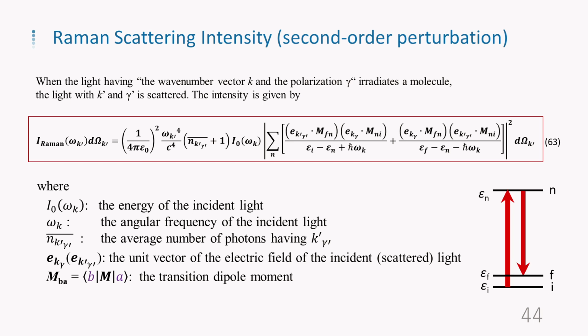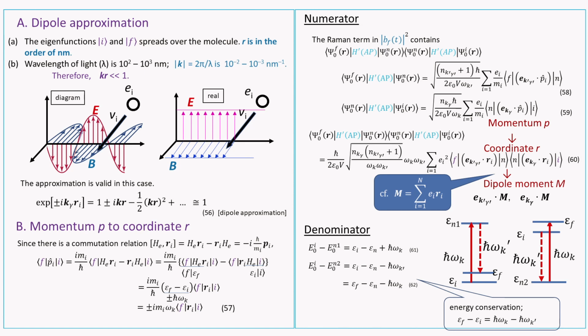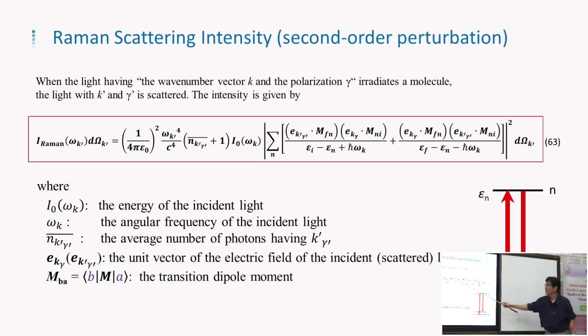M is introduced by replacing momentum with coordinate, then with dipole moment M. And dipole moment M appears as an inner product with the polarization vector e k gamma, e k' gamma', or the inner product with e k gamma. It appears here. And there are two terms because there are two intermediate states, N1 and N2.